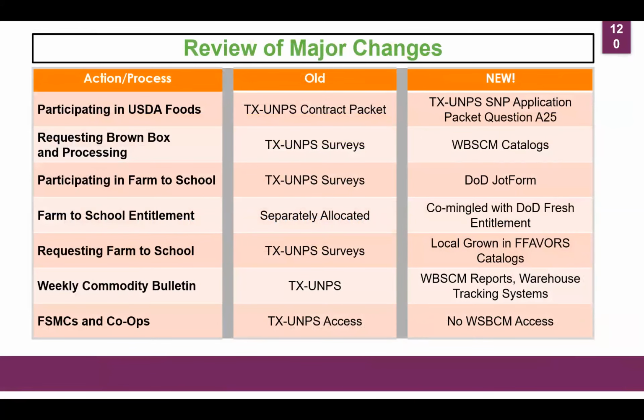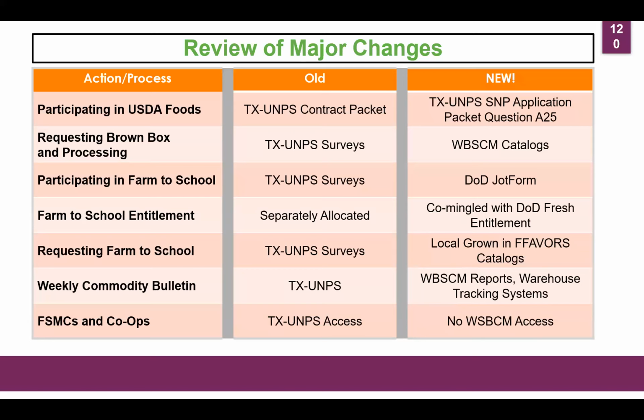So again, this is just a summary of those changes. The contract packet is gone. We're just answering yes to A25 in our application packet. The surveys are now WebSCM catalogs. If you want to participate in DoD, you will complete the JOT form. Remember, your farm to school entitlement is now commingled with DoD, and you can order those local grown items in Favors.